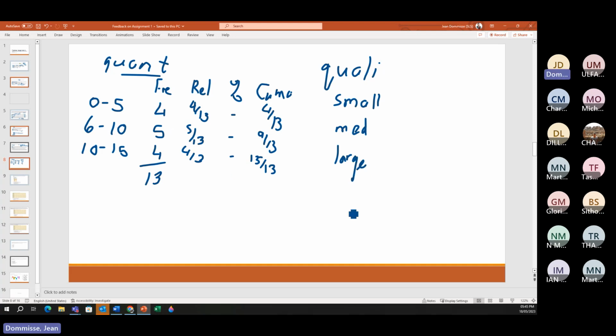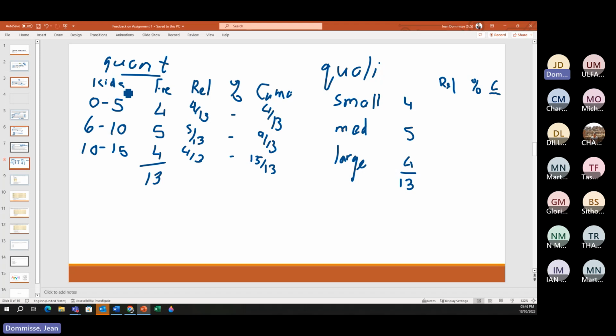Again, we could have said there's 4 kids in the small bus, 5 in the medium one, 4 in the large one. So in total again, we've got 13 kids. We can work out the relative frequency and the percentage. If I work out the cumulative, will it make sense? Here I was counting kids.